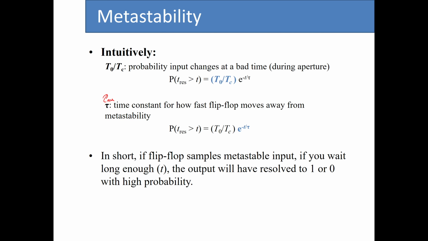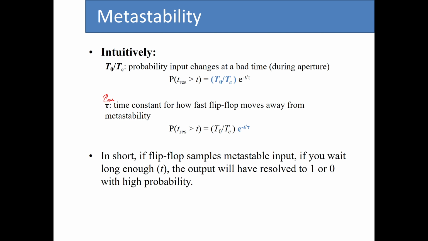And that is another parameter that we don't have any control over, at least in terms of the analysis that we do. If you are building the flip-flop from the ground up, then we have some control over how this value for tau is related to the design of the flip-flop. But for us, we just assume it as a time constant for the flip-flop.